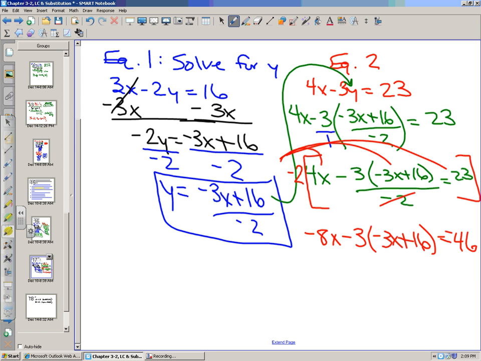No, we're not there yet. I have not changed that plus 16 the whole time, because I haven't distributed that negative yet, Ashley. Are you with me? I haven't distributed the negative 3 into the parentheses yet. No. You do not distribute the negative 2 into this because that is one term. It's one term, okay?